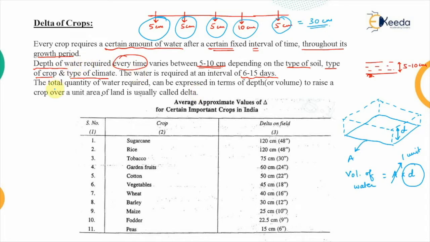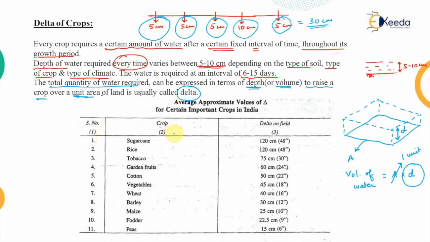So this total quantity of water which was required for the growth of the crop may be expressed in terms of the depth or in terms of the volume. Both can be done. Now this water was required to raise the crop over a unit area. If you are defining it in terms of depth, that means the area will be unit, and this amount of water is known as the delta of the crop.